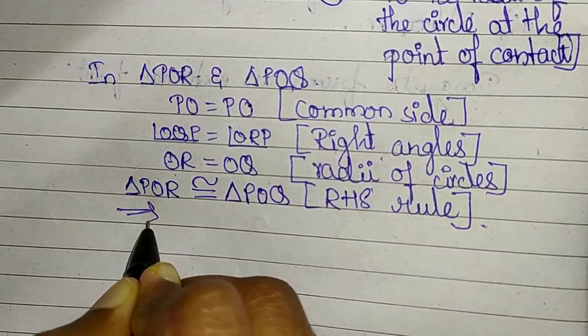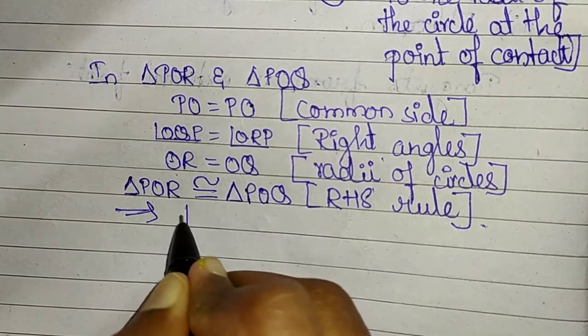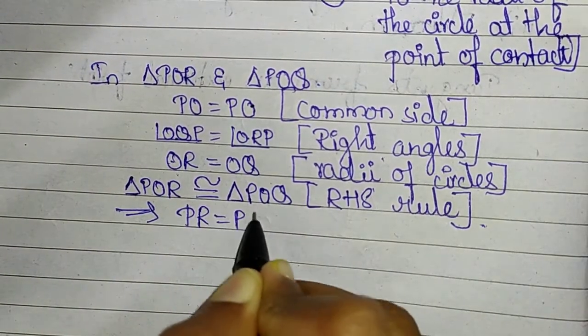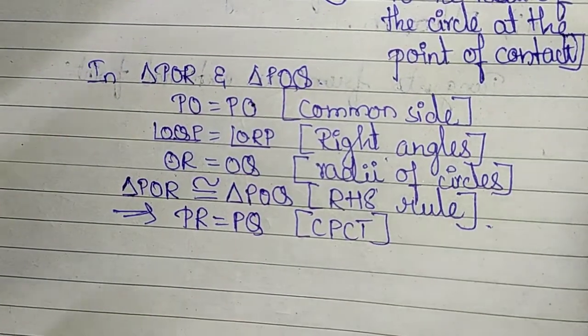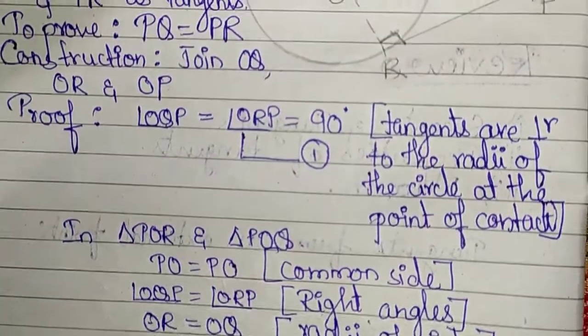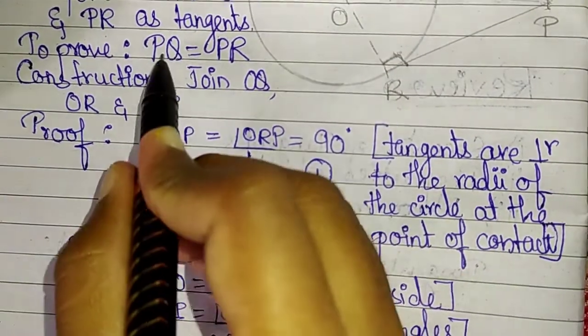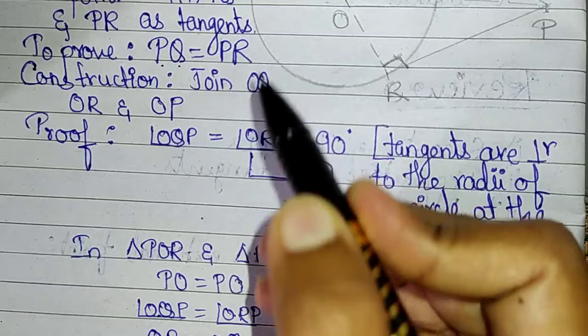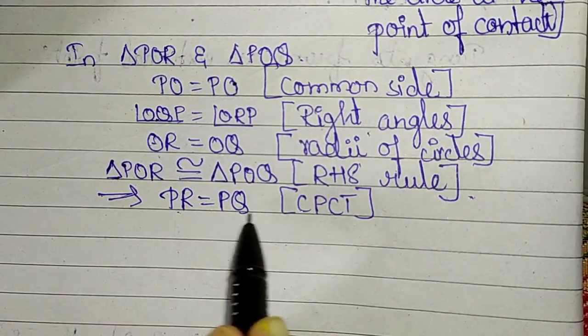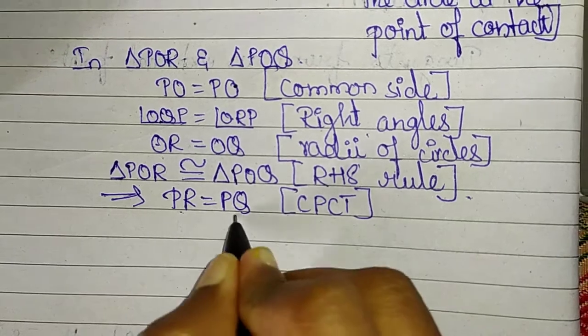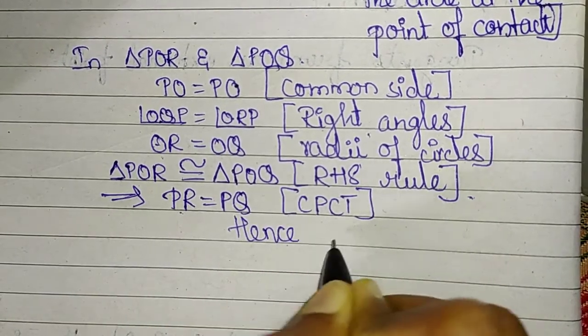This implies PR is equal to PQ by CPCT. We were supposed to prove that the lengths of the tangents are equal to one another, that is PQ is equal to PR, and in the end we got the result. So hence proved.